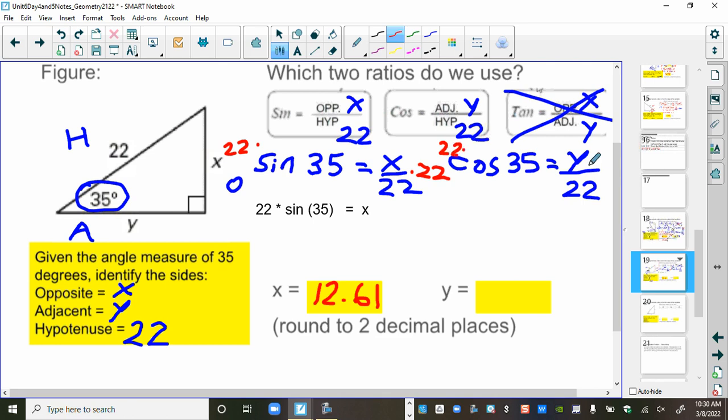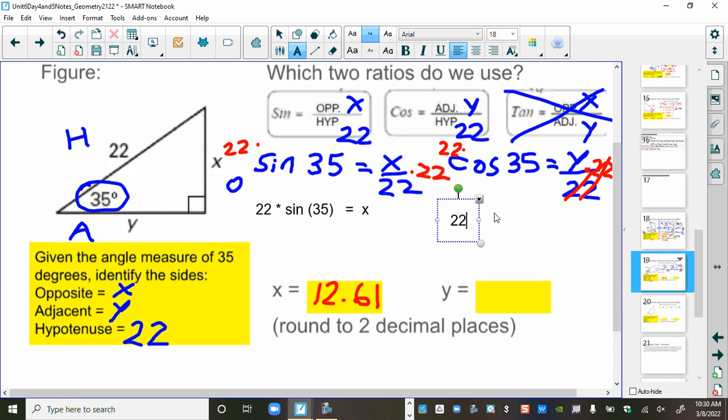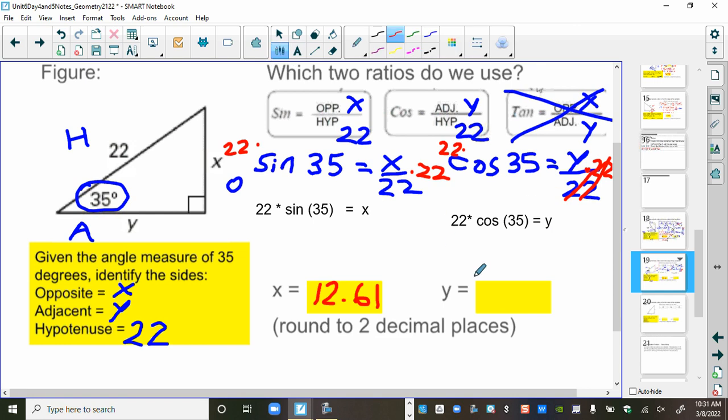What's in that denominator, ladies and gentlemen? The number is 20. So then it's just 22 times cosine 35 equals Y. So we got the Y value of 18.02. A lot of you had it. 18.021, acceptable.